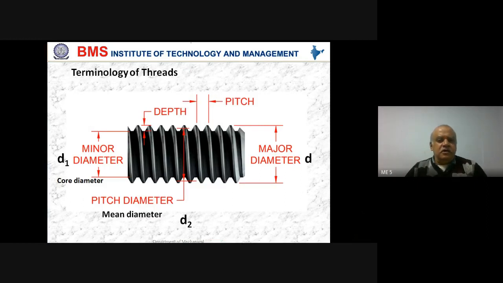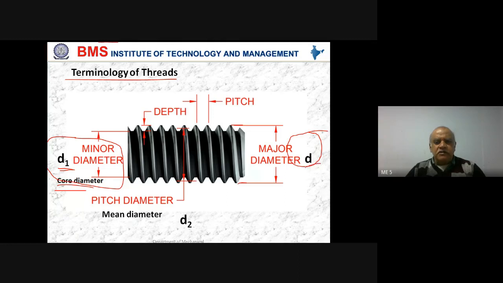Now, to understand the terminology of threads that we have learned: this is the major diameter, denoted by D, which is the largest diameter of a screw thread. The minor diameter is the smallest diameter of the screw thread, also called the core diameter, denoted by D1.